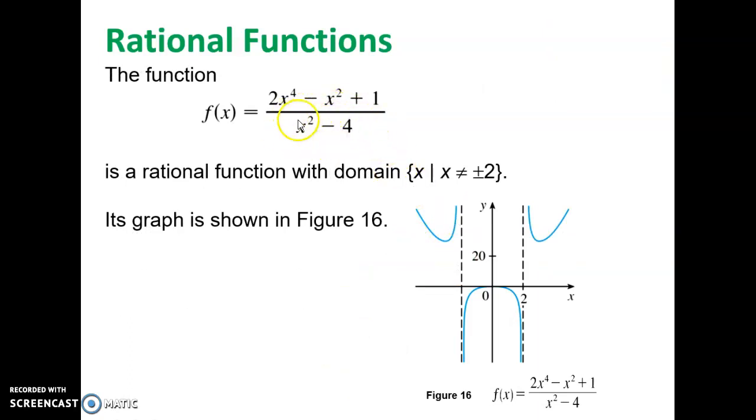Here, the denominator would not be defined at 2 or negative 2, so those would be out of the domain, which would then also cause vertical asymptotes at those values. Everywhere else, the function would be defined, and remember, these rational functions have different shapes depending on where those asymptotes occur and if they occur.